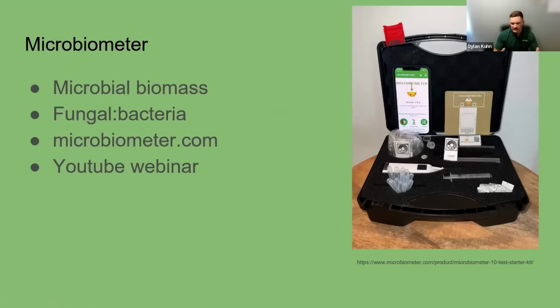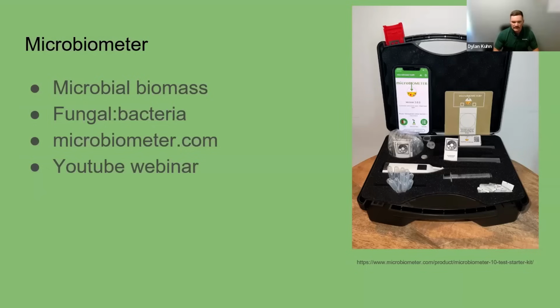The next testing parameter is called a microbiometer. This is more of an in-field test. As you're out there in the field, you can utilize this to give you a snapshot of microbial biomass and your fungi to bacteria ratio.